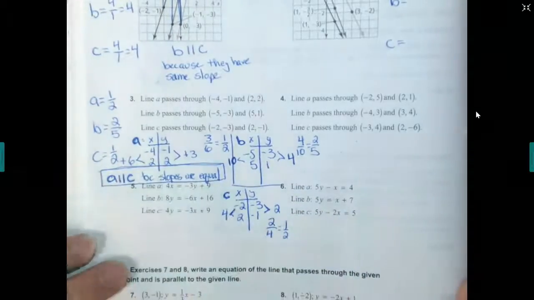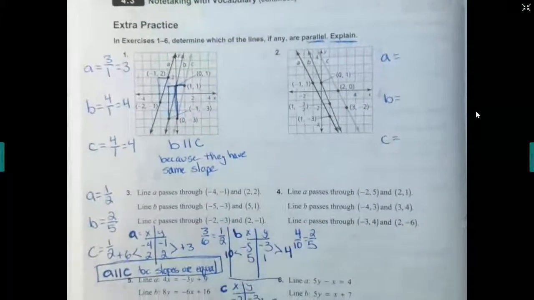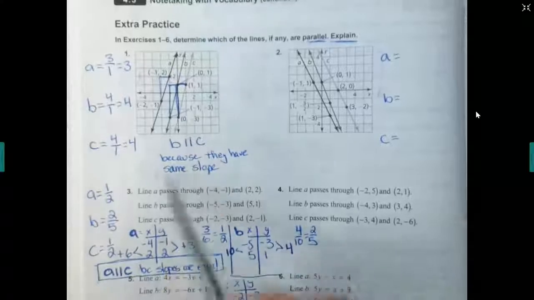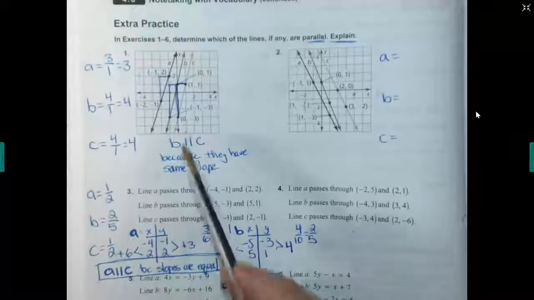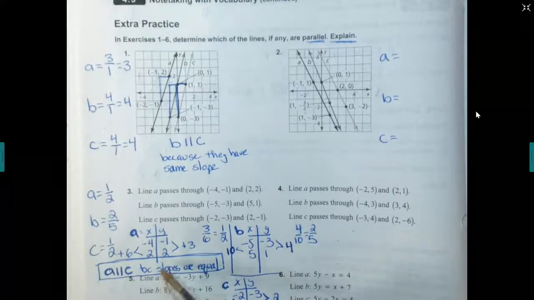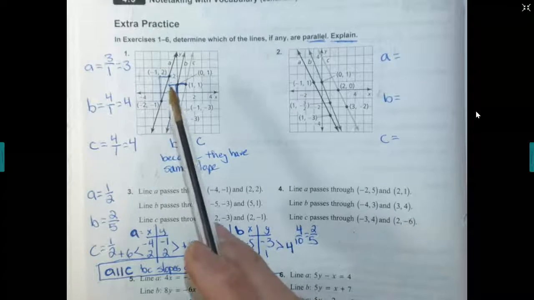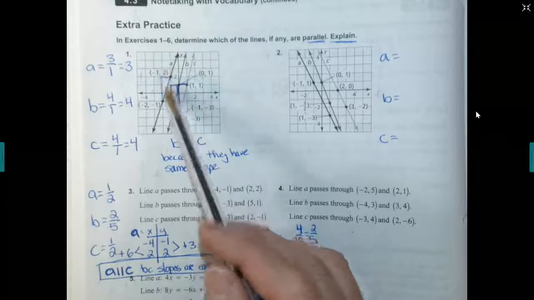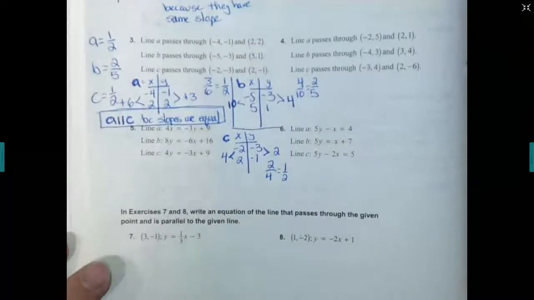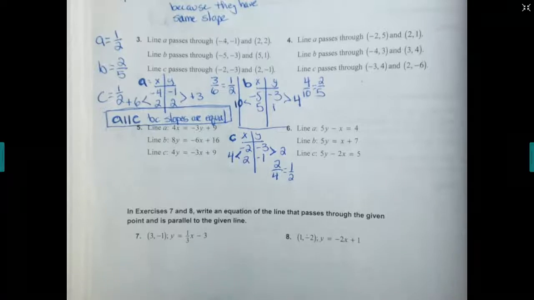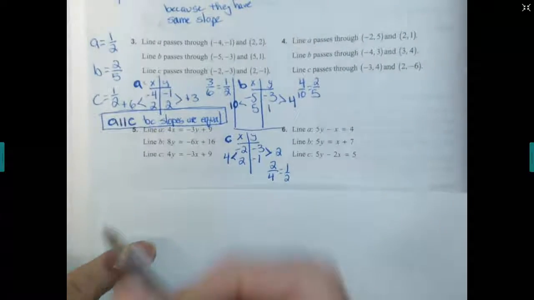Alright, so basically what they've given us is two different ways to find out if we have parallel slopes. I had points, I had to find the slopes, and I had a graph, which I was able to count the slopes. Now we have a third way, which I'm going to do on a separate piece of paper.